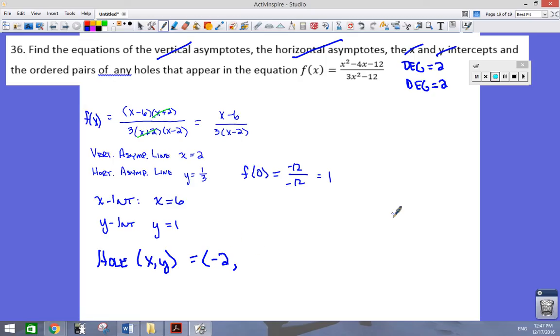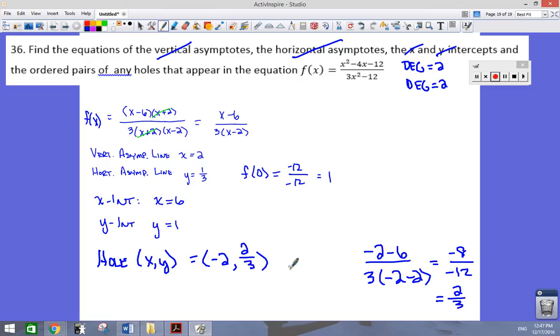I plug in -2 into the reduced function, so I've got -2 minus 6 over 3 times -2 minus 2. I've got -8. I've got a -12. The negatives cancel. 4 goes into both of those. So if I haven't made an arithmetic error, I'm getting 2/3.